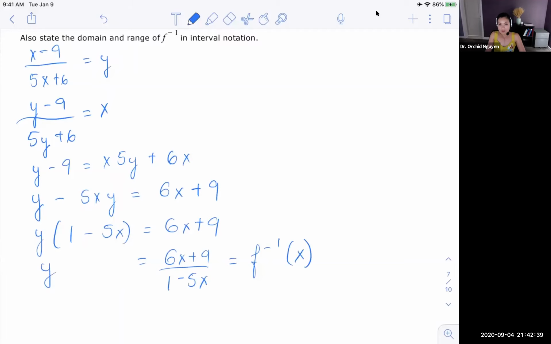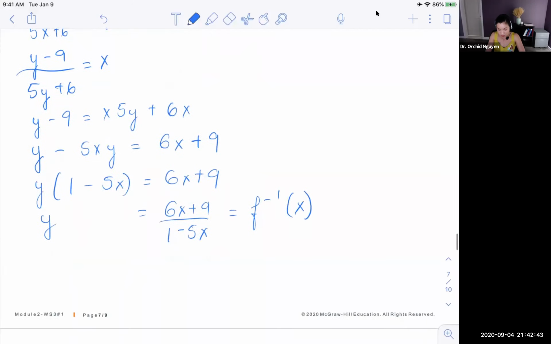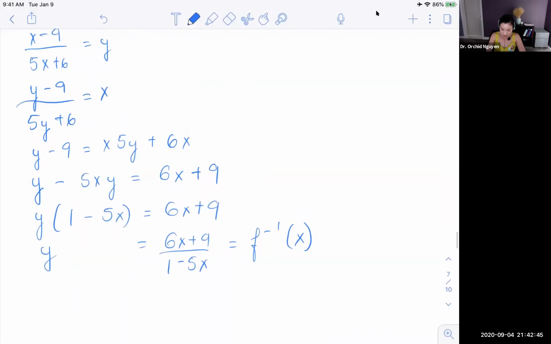Okay, now to find the domain and the range. This is a rational function. So once again, the domain is going to be anything but values that make the bottom equal to 0. So the bottom equal to 0, I'm just going to put 1 minus 5x here equal to 0.